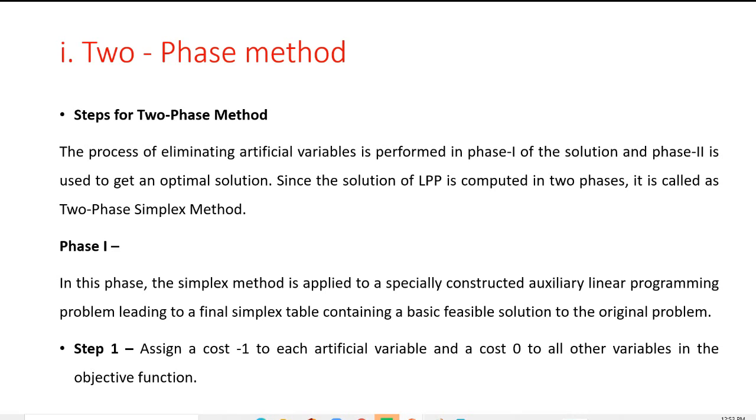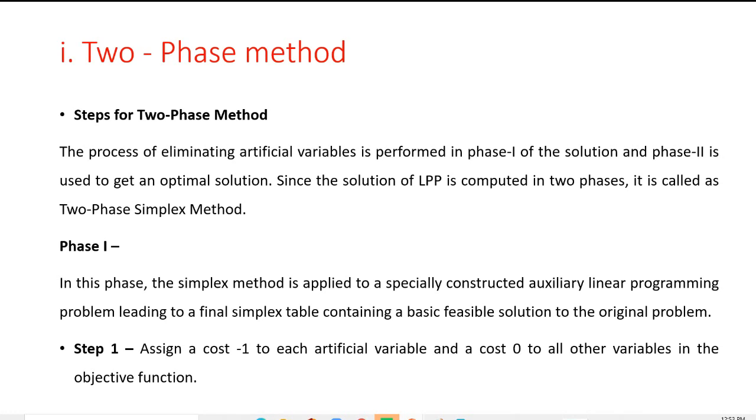In phase 1, the simplex method is applied to a specially constructed auxiliary linear programming problem, leading to a final simplex table. This final simplex table contains a basic feasible solution to the original problem.